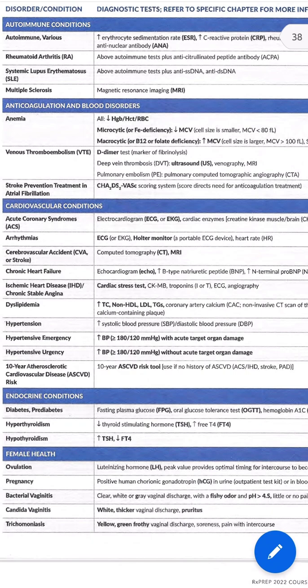C stands for CHF, H stands for hypertension, A is age over 75, 2 points, D is diabetes, S is stroke, 2 points, previous MI, PAD, etc. V is vascular disease.